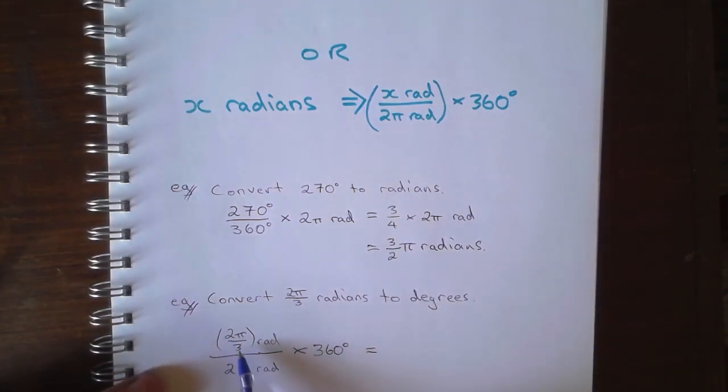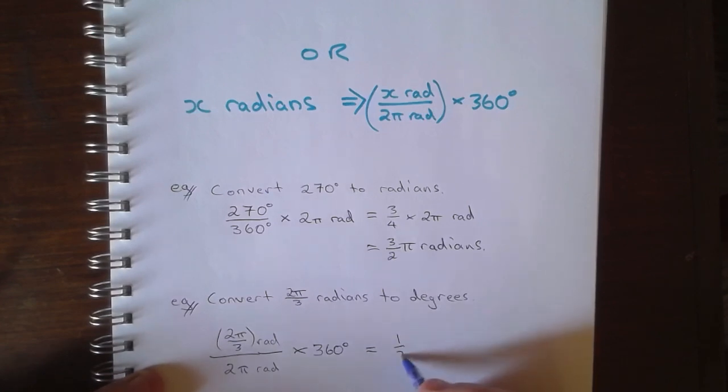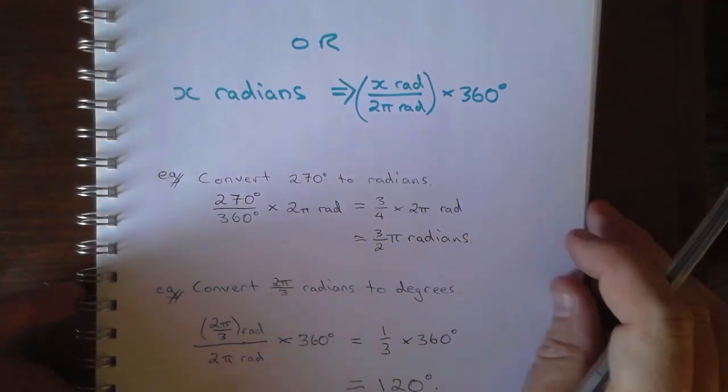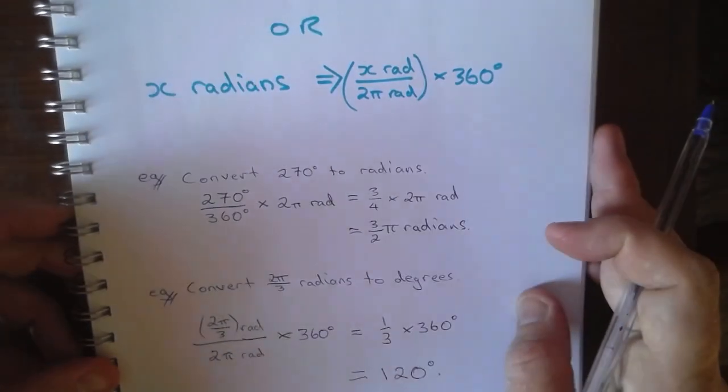So we have 2 pi on 3 divided by 2 pi radians. That's going to be 2 pi on 3 times 1 on 2 pi, or just 1 on 3, multiplied by 360 degrees. And that, of course, is going to be 120 degrees.